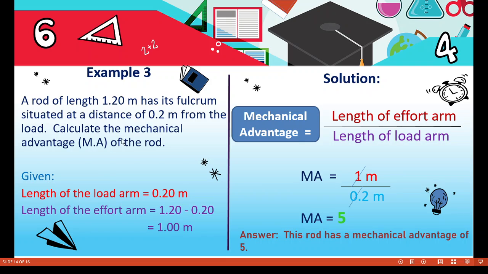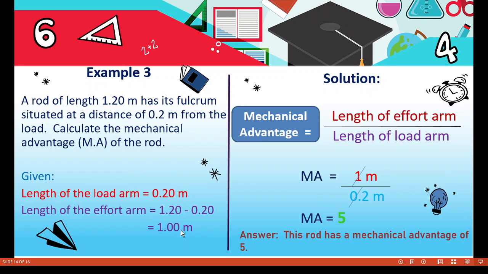If you see in the previous case, this one is the total length of the rod. If you subtract the load arm length from the total length, you will get the effort arm length.